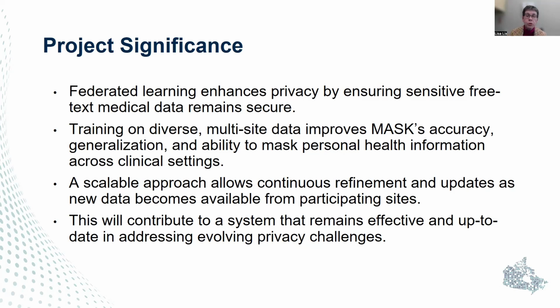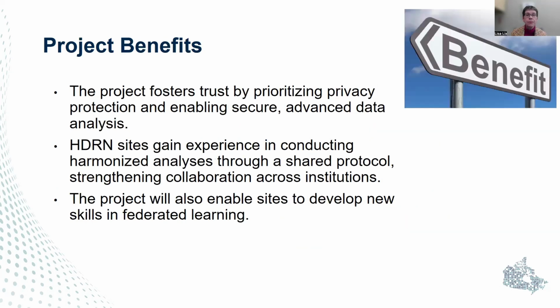And you heard Mahmoud talk about the potential kinds of data that might be part of the masking process in Ontario, and I'm sure the same exists across other sites. And so we can have a system that's up to date and that evolves, also as there may be changes in privacy legislation or the challenges that come with masking these types of data.